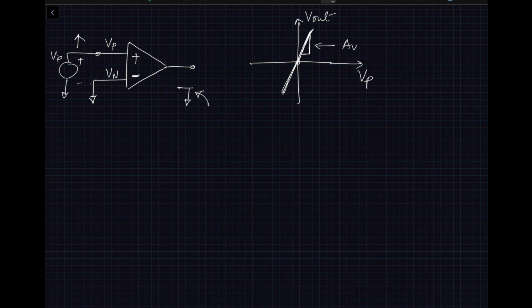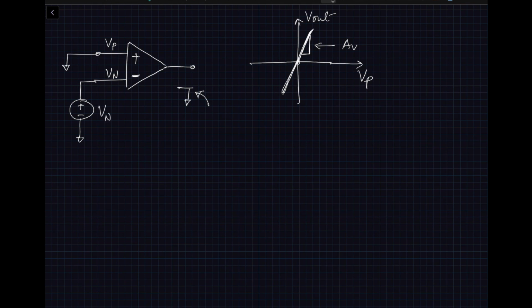All right. Similarly, we can do a flip case, where I would change the input structure here, using a different color. In this case, I'm going to apply analog ground to Vp, and then I'm going to apply a plus minus input source here, Vn.